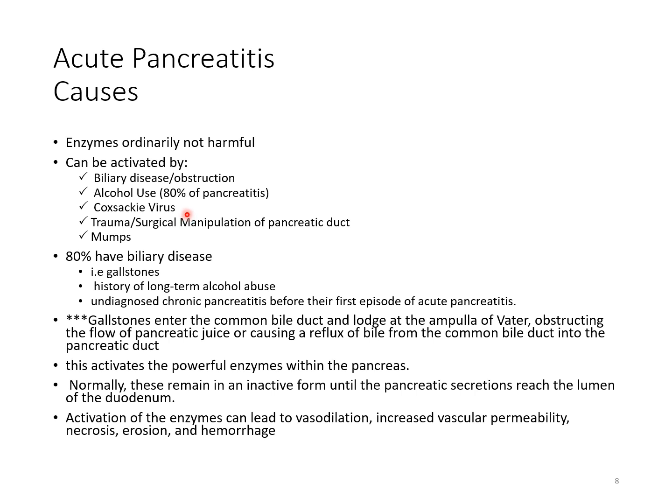All right, so these are things that can trigger your enzymes being released too soon. Trauma, surgical manipulation of the pancreatic duct. So maybe they were going in there looking around, and now you've released some enzymes. Things like mumps, all of these issues. They've highlighted biliary disease as being a problem, in particular gallstones. So that can cause a blockage.